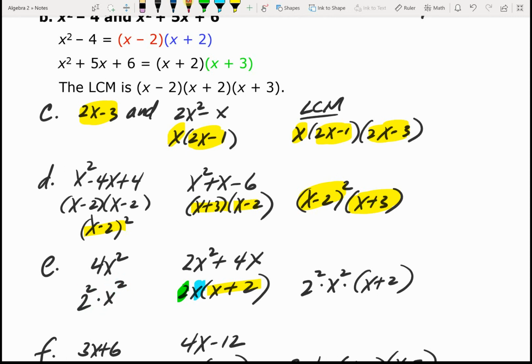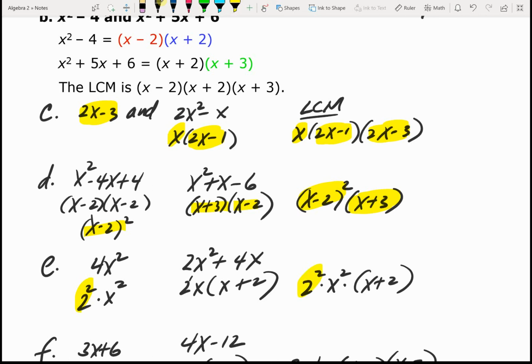Let's look at the next example here. Here I have 4x squared. I can write 4 as 2 squared, so 2 squared times x squared. And then I have 2x squared plus 4x, which I need to factor. I'm going to factor out an x, and that leaves me with x plus 2. So I have factors of 2 squared versus 2. The exponent for 2 squared is larger, so my LCM has to include the 2 squared.